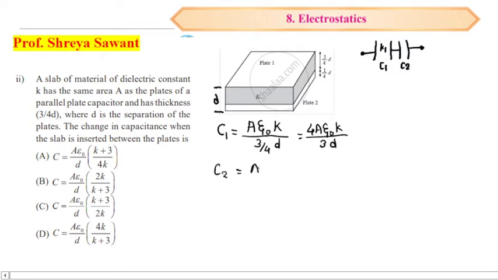Similarly, we calculate C2. C2 is A epsilon 0. Now there is no medium, so in this case K is equal to 1.